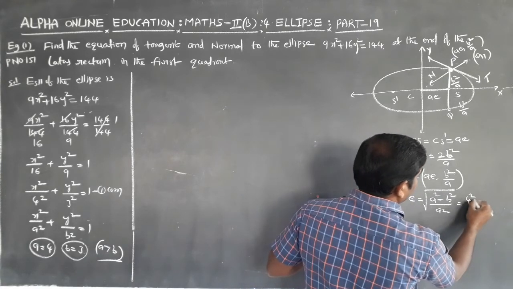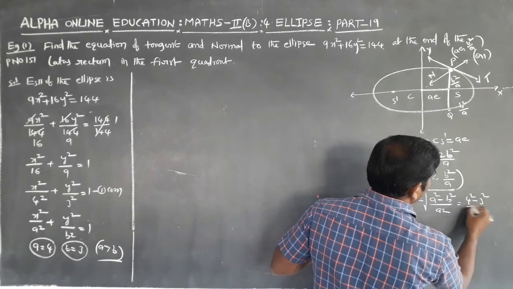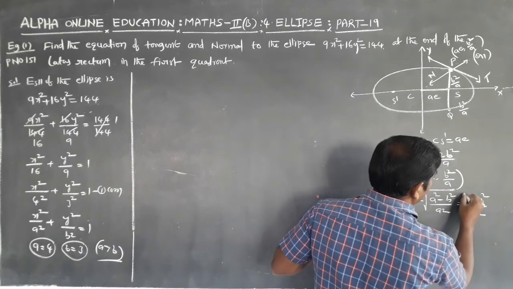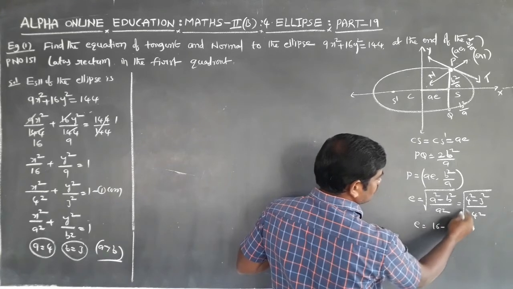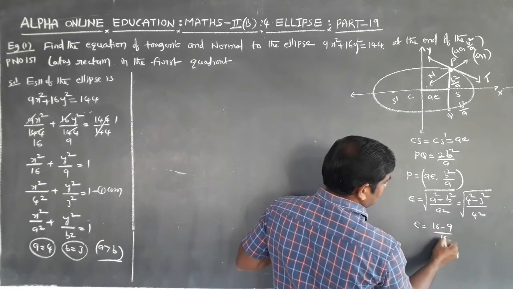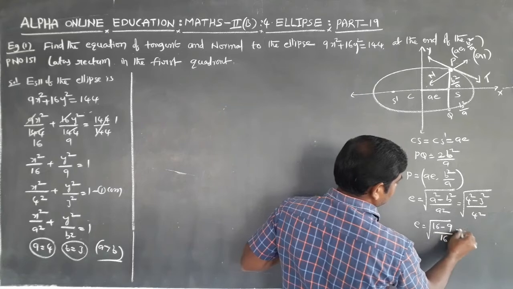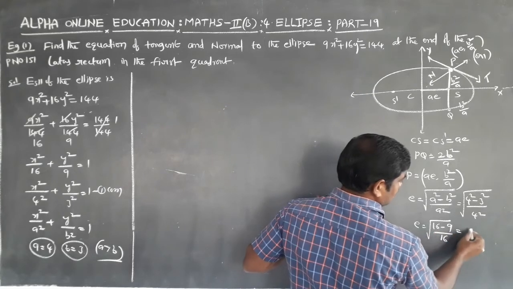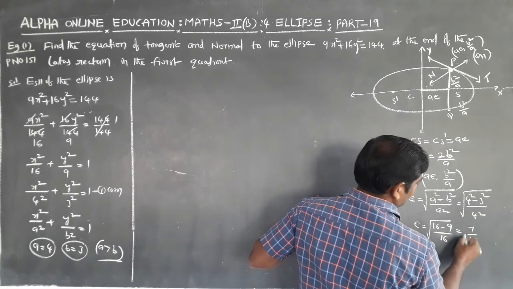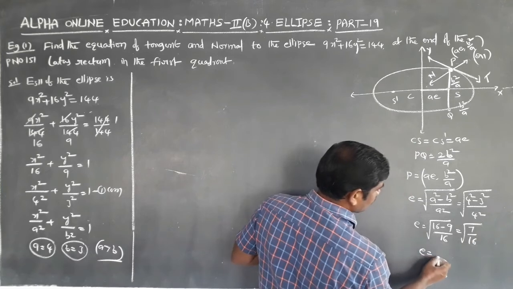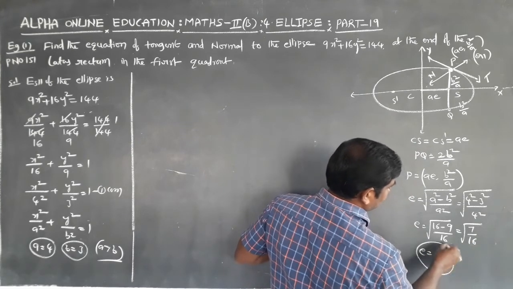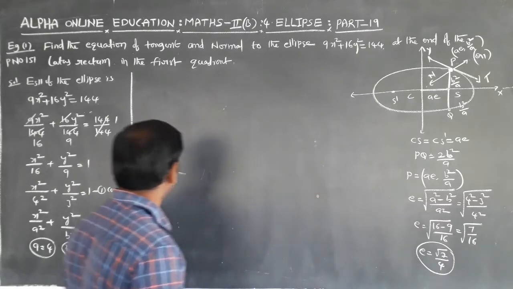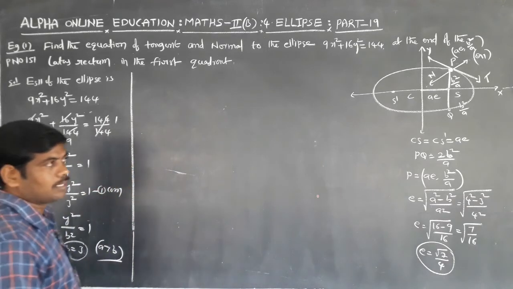A square is 4 square, b square is 3 square, by a square 4 square. 4 square is 16, 3 square is 9, by 4 square 16. 16 minus 9 is 7 by 16 under root. e is equal to root 7 by 4.